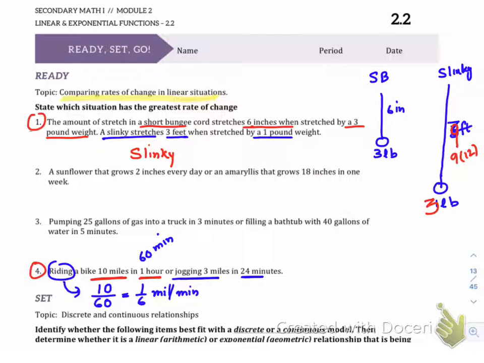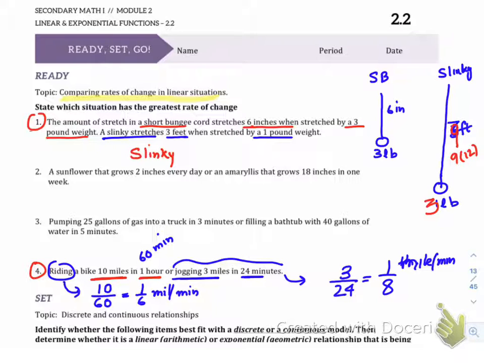But when you're jogging, you're going 3 miles in 24 minutes. So the speed is 3 miles in 24 minutes, and that's 1/8 miles per minute. When I look at these, I see which one is going faster.